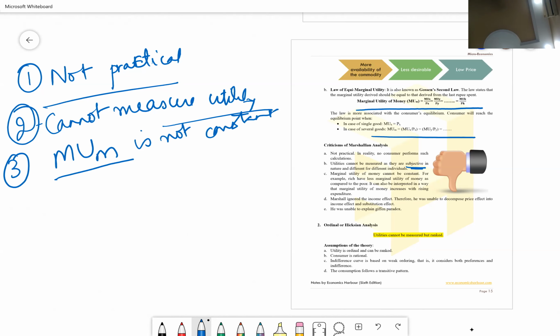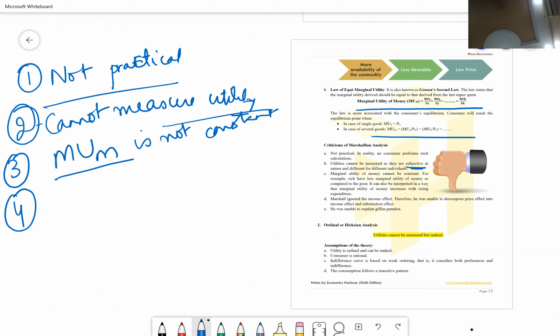It cannot remain constant. When you gain money, the marginal utility of money decreases, right? A 100 rupee note will be of much more value to a poor person as compared to a billionaire. So you cannot assume that the marginal utility of money is constant, right?